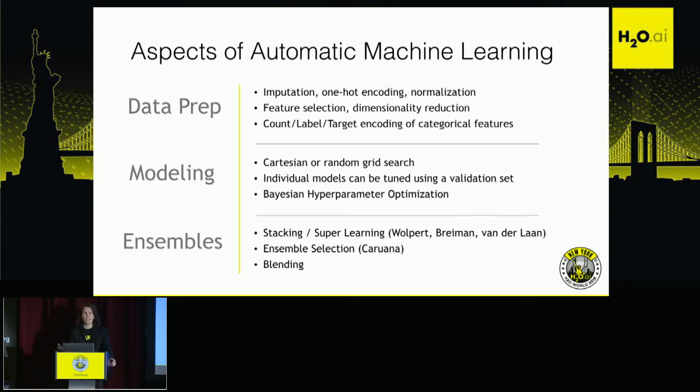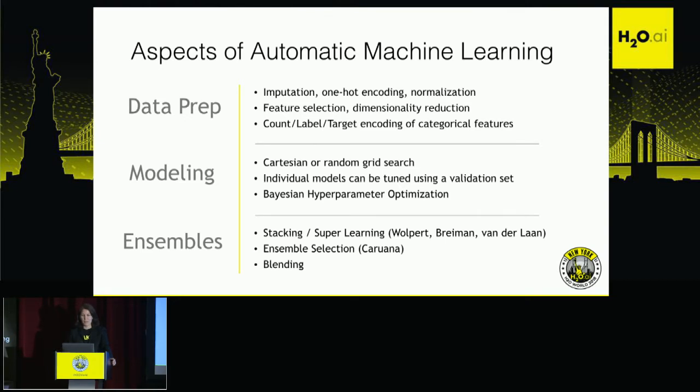Like let's say you are a healthcare institution and one of your columns that you have in your data set is ICD-9 or ICD-10 codes. There's like thousands of these codes. How do you best make use of that data? There's all sorts of tricks that you can do and apply to categorical features that will really, really improve your model. So I would consider all of that data prep.